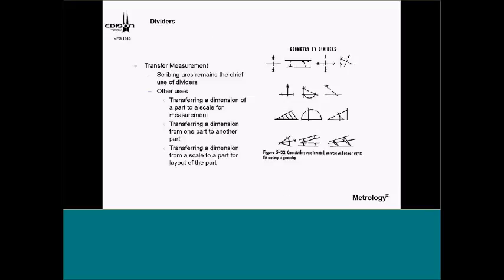Transfer measurement. And again, scribing arts remains the chief use of the dividers. You transfer the dimension from a scale, for the measurement, from one part to another, or to lay out a line. I also share with them how to do coordinates on circles here. Whether I want 6 or whatever, we use the machinist handbook to come up with what we call the chord.